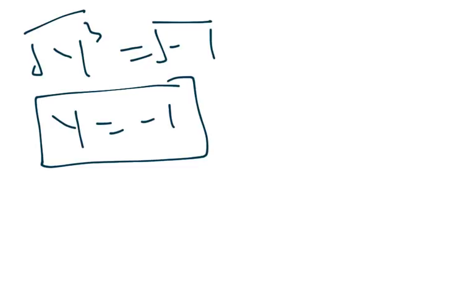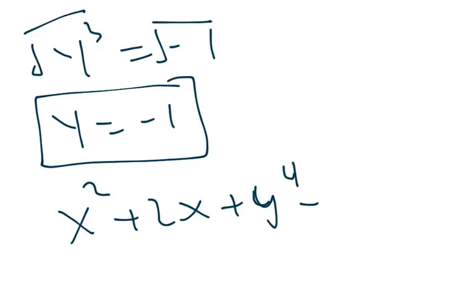Now you have to plug the y into the original equation, which was x squared plus 2x plus y to the fourth plus 4y equals 5. Now you plug in negative 1 for y.